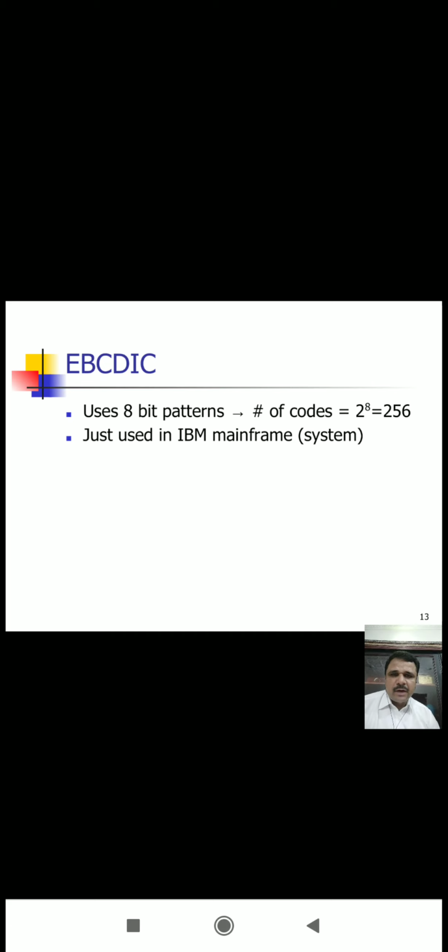Obviously 2 raised to power 8, you multiply 2 eight times and that is equal to 256. So, 256 combinations of codes can be generated. It is used by IBM mainframe computers.